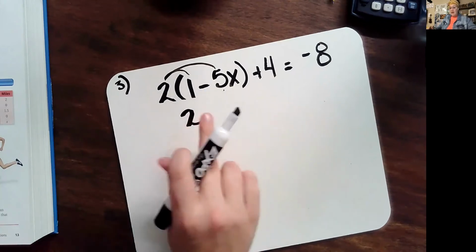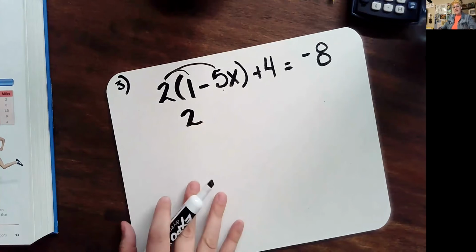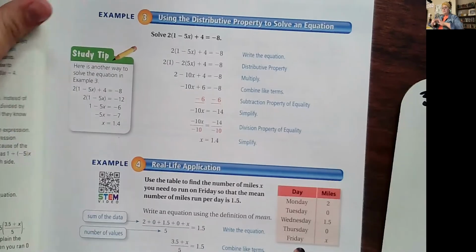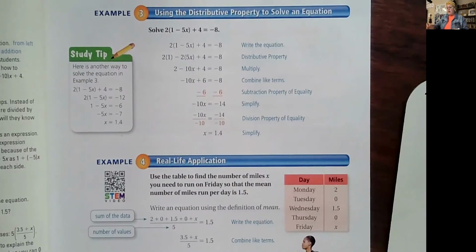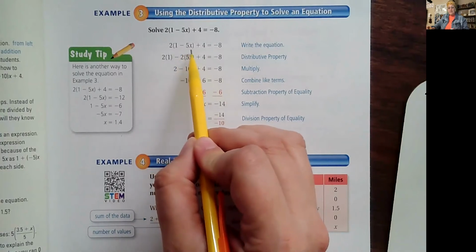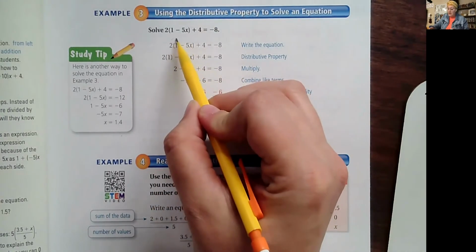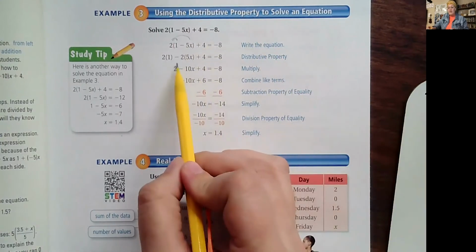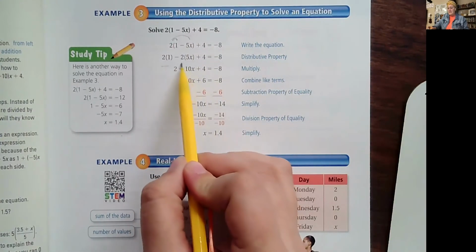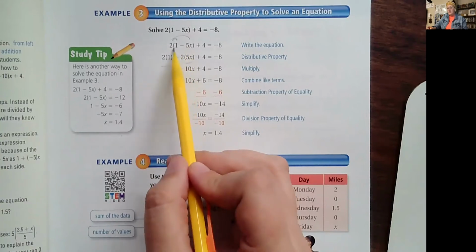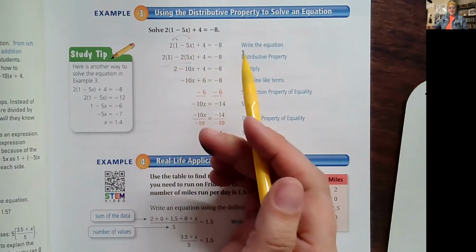I'm going to pause right here because in the book, it writes it out even a little more specifically. I just want to show you so that in case you're looking at the book, you don't get confused. In the book, they have 2 times 1 minus 5x. So you would still do 2 times 1 and then 2 times 5x, but they've written it out fully like this and just kept the minus sign in between. The way I'm telling you to do it with a 2 times -5 is just a little bit faster.